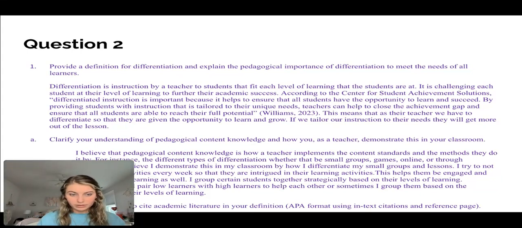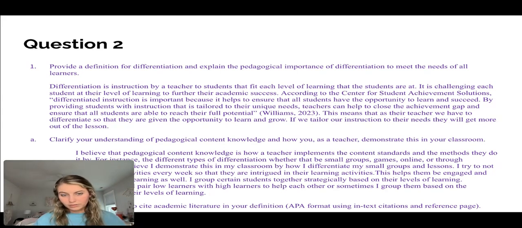The next part was clarify your understanding of pedagogical content knowledge and how you as a teacher demonstrate it in your classroom. So I believe that pedagogical content knowledge is how a teacher implements the content standards and the methods they do it by.